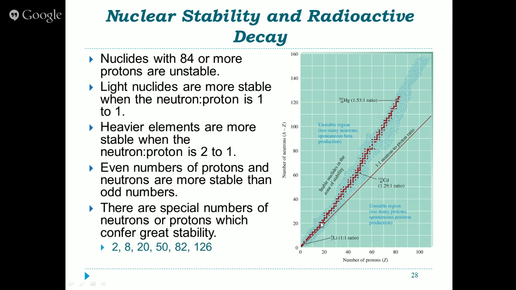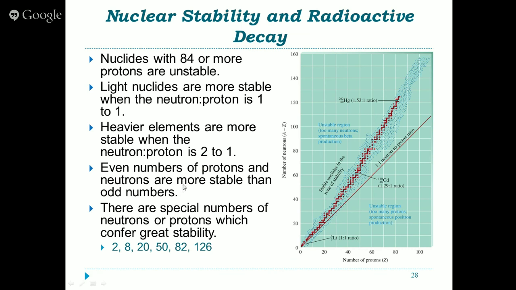We can look at this chart and see that as we get bigger, we go farther away from this 1:1 ratio, and we start to see the ratio increase. We start to get to a place where we have a 2:1 ratio of neutrons to protons. Here we have mercury, which has a 1.53:1 ratio. So we need more neutrons in the nucleus to keep it stable when we've added more protons.